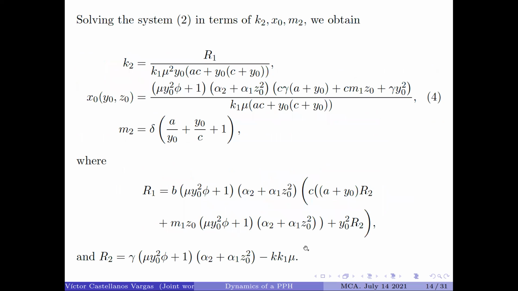Then we solve the system in terms of the parameters k2, y0, and m2, and then we obtain that k2 is this value, x0 depends on the other variables y0 and z0, and this is the relation. And m2 is equal to delta times this factor.